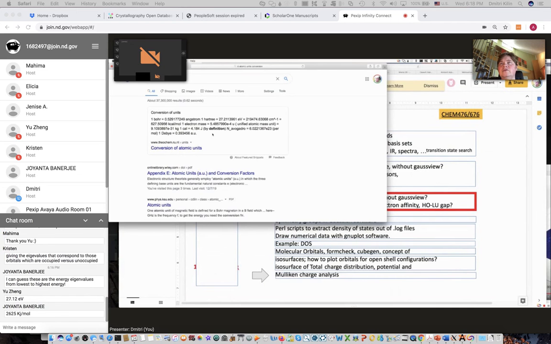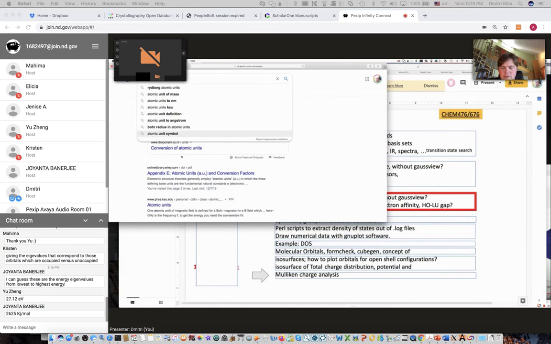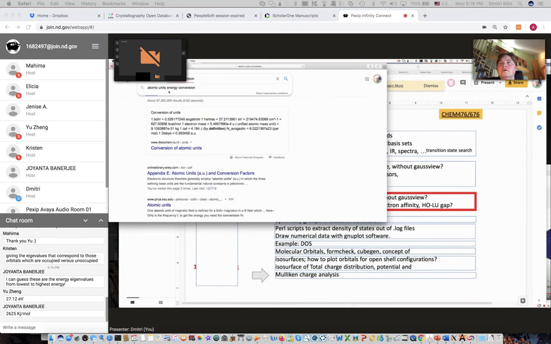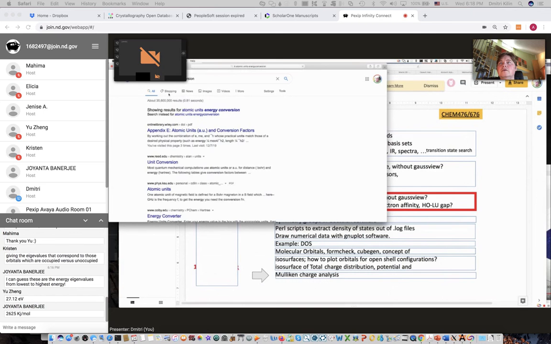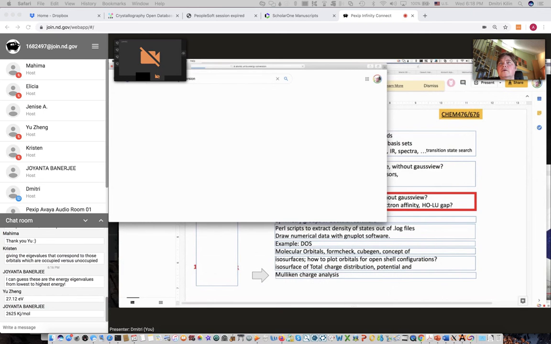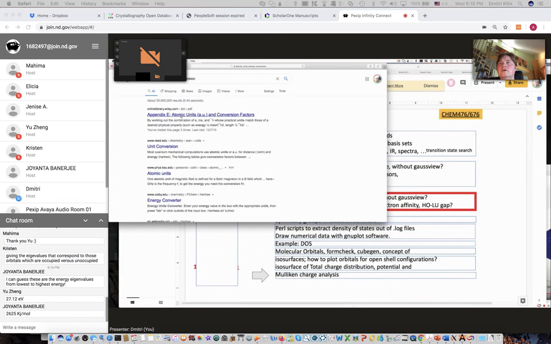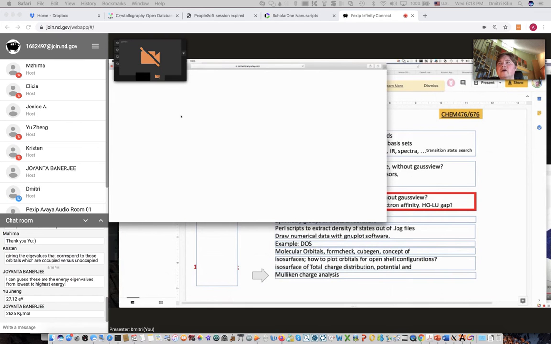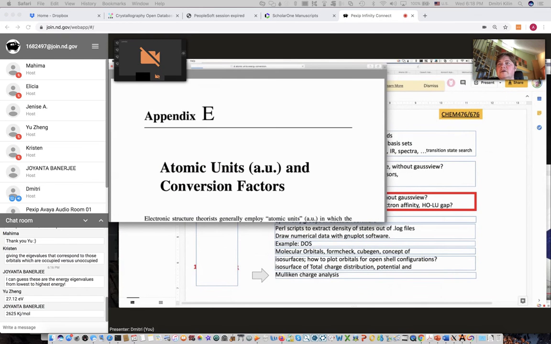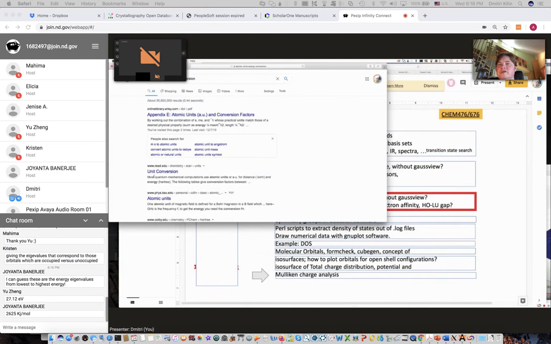Atomic units of energy. It's boring. Atomic units energy converter. Maybe this one.